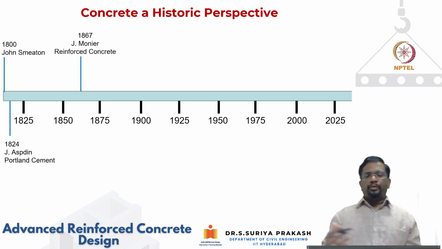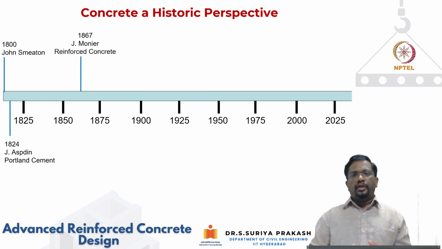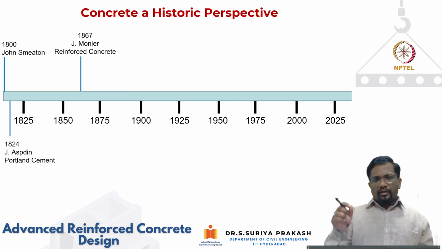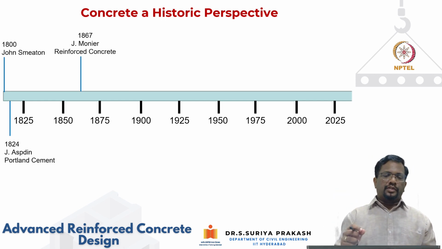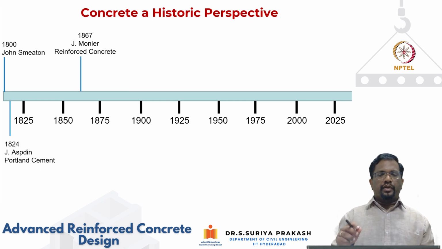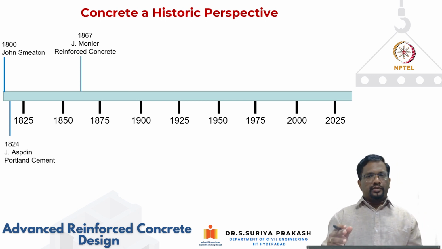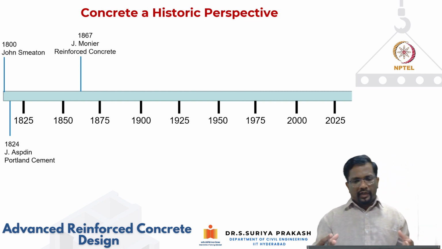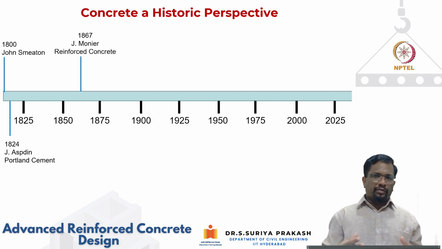Then several people started exploring using this modern Portland cement for construction. Concrete structures were constructed before, but in 1864, Joseph Monier, a French florist, basically a gardener, was making a lot of flower pots and finding that they were getting cracked quite often.